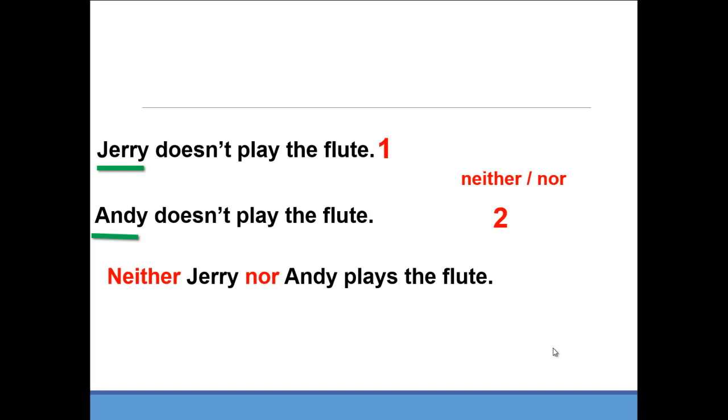So the verb doesn't play is going to be changed to plays. Neither Jerry nor Andy plays. We cannot use doesn't play. Why? Because neither and nor mean not. So double negatives cannot be used to express the same idea. Don't worry about that. I will explain this part in detail later.